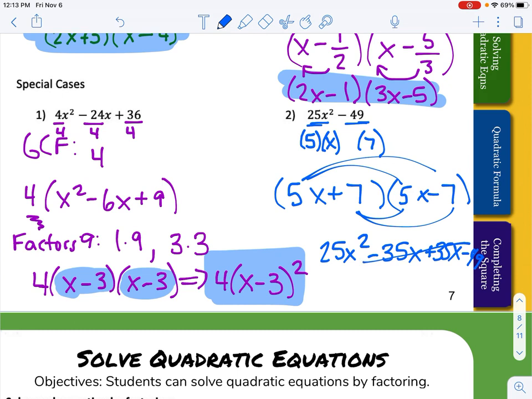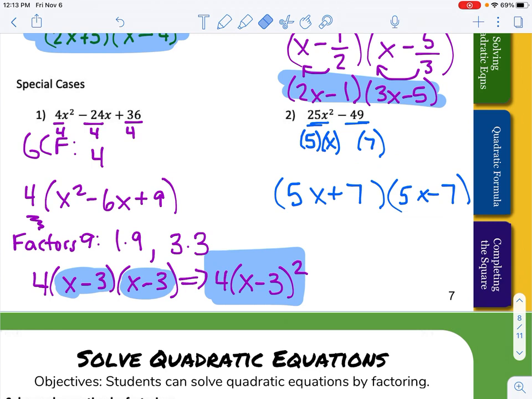So the reason why this is not included is because it cancels itself out. That's why one needs to be positive and one needs to be a negative solution. So our answer here for this special case with square roots like this is take the square root of each, and then one is positive and one is negative, and you're good to go.